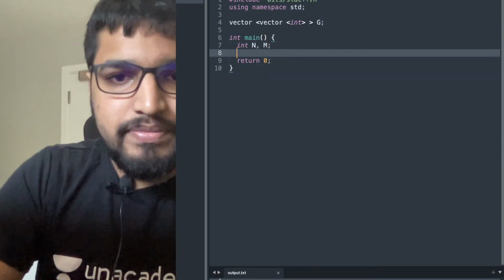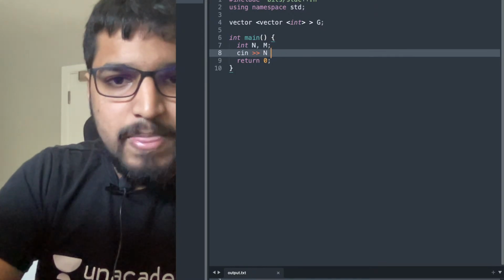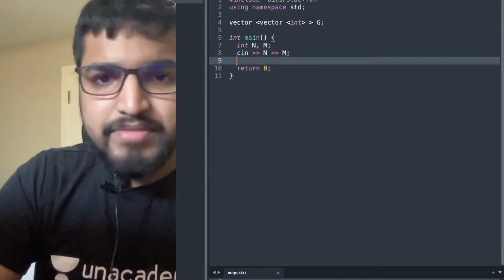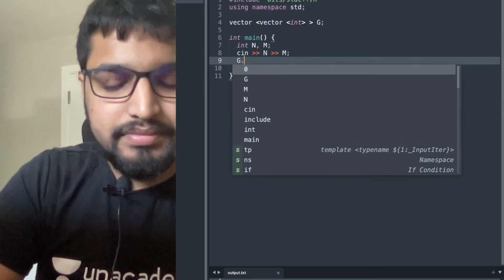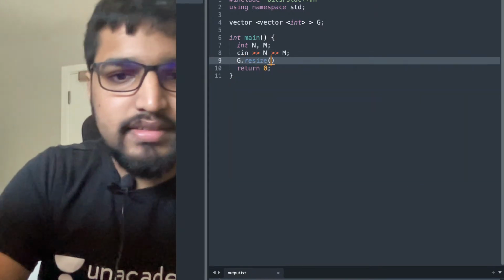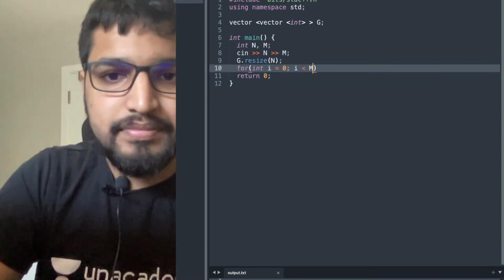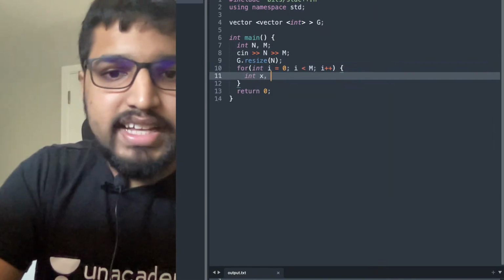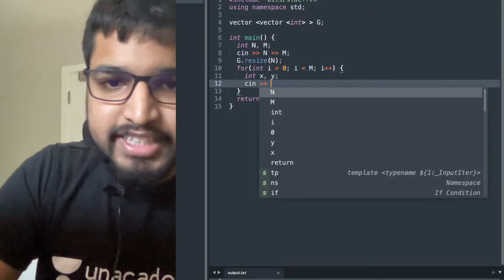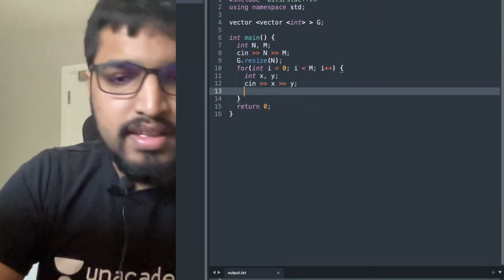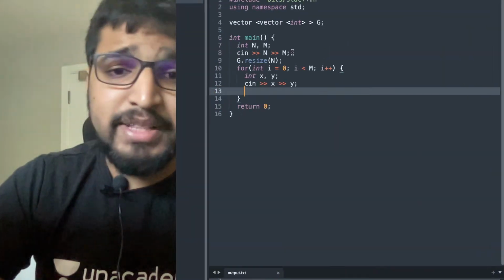Int n, m. Now I need to initialize this vector, right? Resize n. Now for each of the m edges, int x, y, take the input.